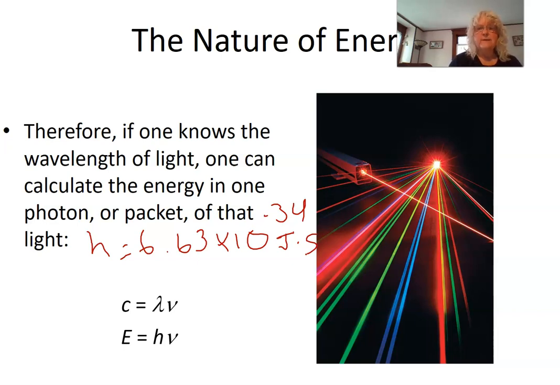The E that you see in the equation E equals h times the frequency is the energy that's with one tiny packet. The idea is that light can be transferred in these little packets and then can interact with matter.